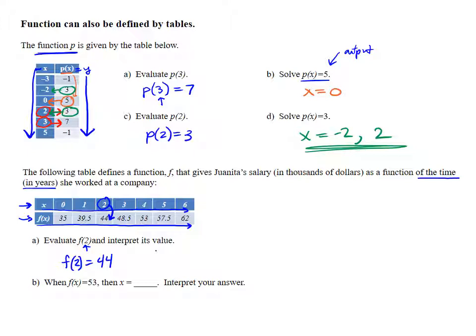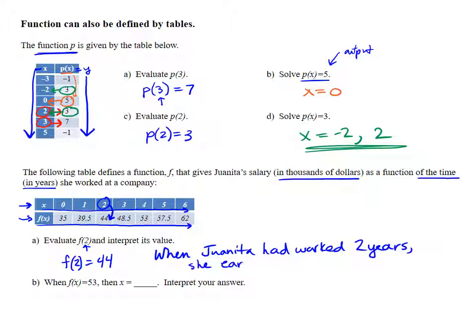So when Juanita had worked 2 years, we have an output of 44. That is her salary in thousands of dollars. So she earned 44,000. I'll put zeros in because it's easier than writing 1,000 per year.